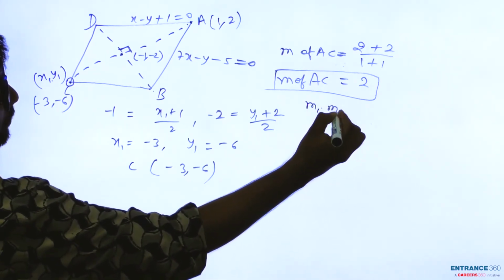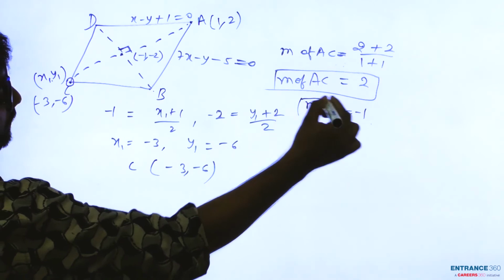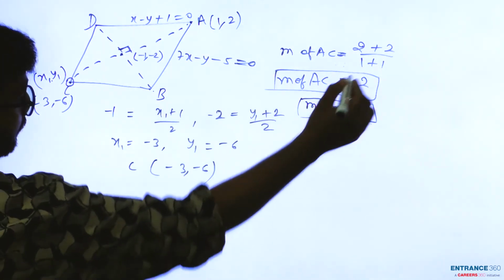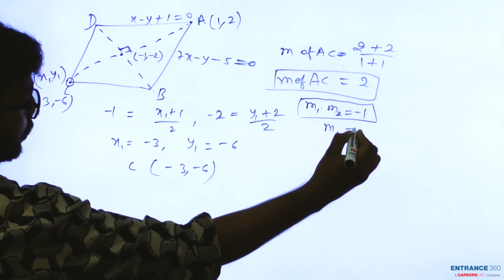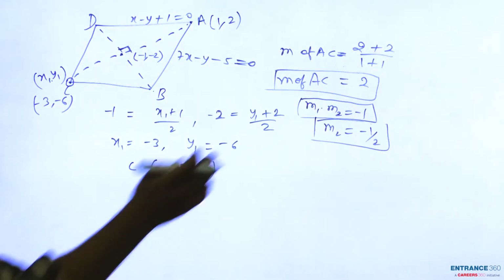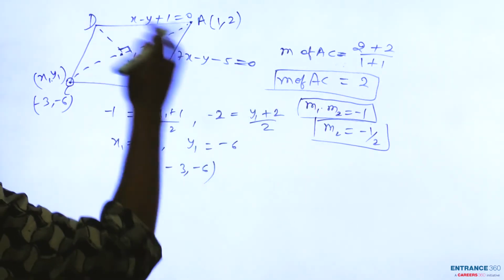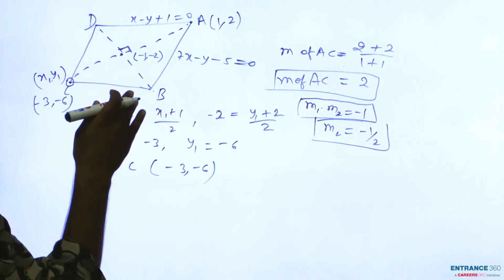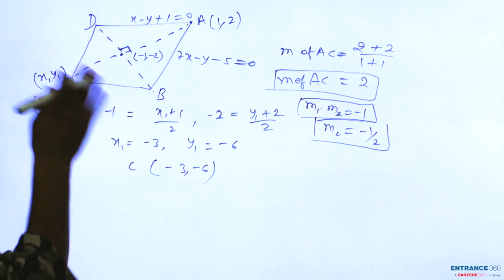For perpendicular lines, M1 times M2 equals minus 1. If M1 equals 2, then M2 equals minus 1 by 2, and this slope belongs to BD. So the slope of BD is minus 1 by 2, and BD passes through (minus 1, minus 2).